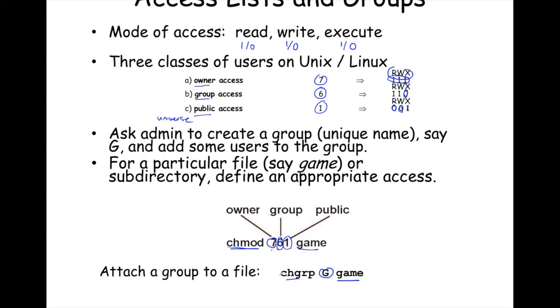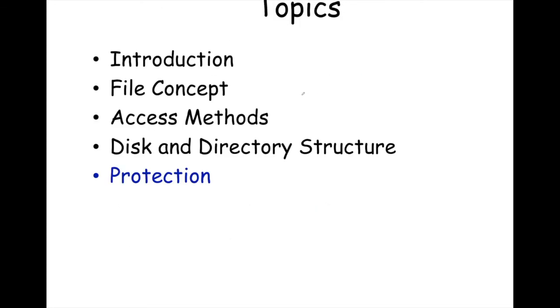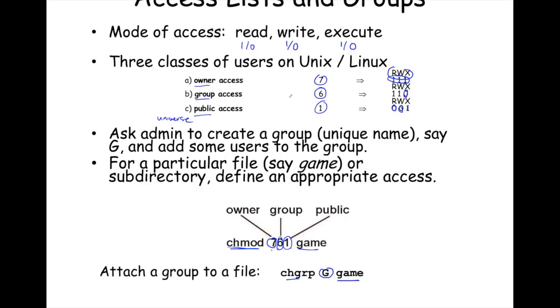All of the users in that group called G would be able to perform the access privileges associated with that group field, which in this case is 110, which is 6, or read and write, but no execute.